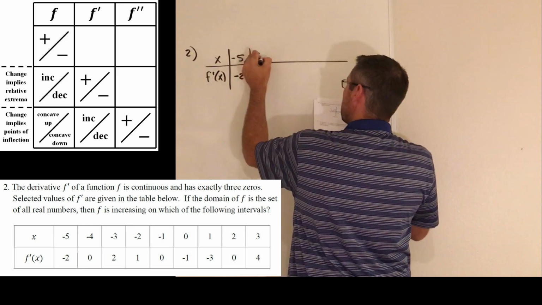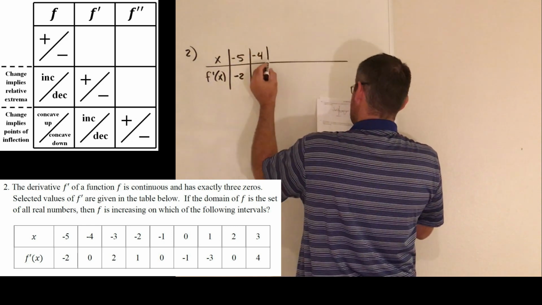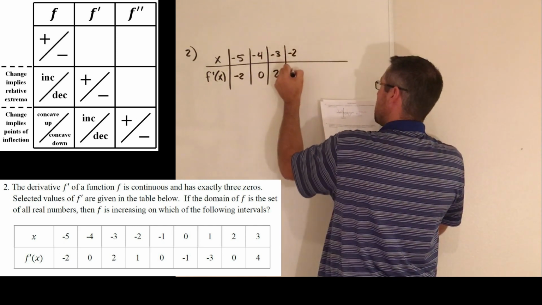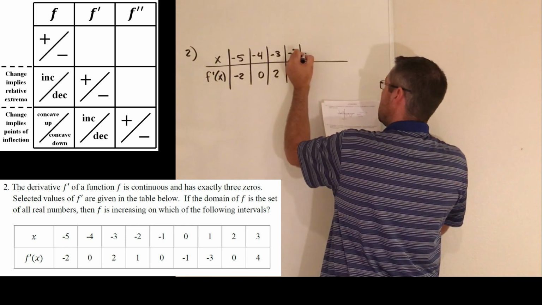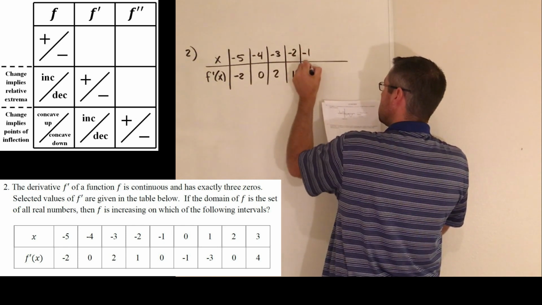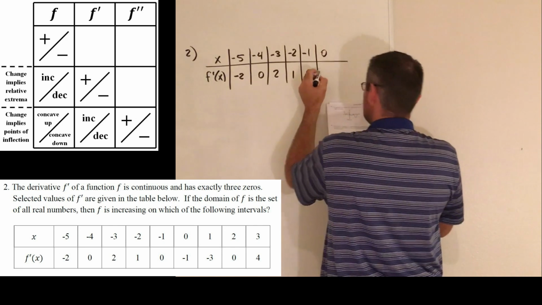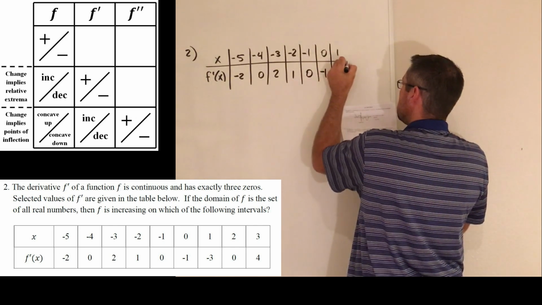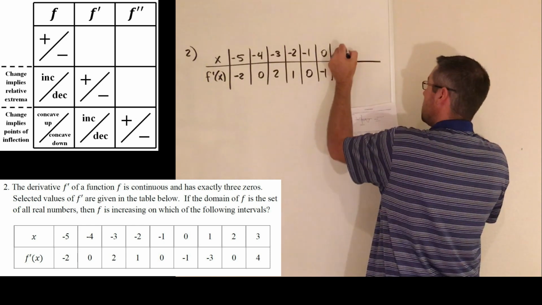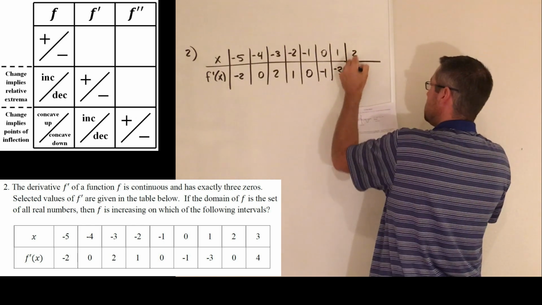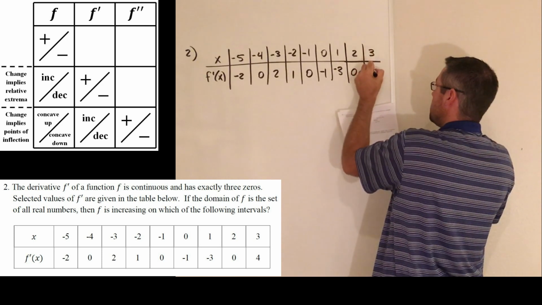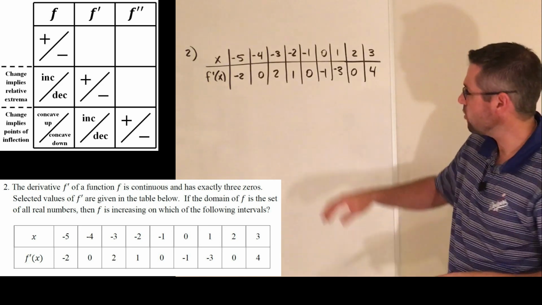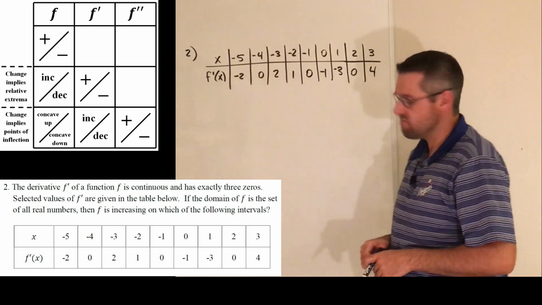When x is -4, f prime is 0. -3, comma 2. -2, comma 1. -1, comma 0. 0, comma -1. 1, comma -3. Running out of room here. 2, comma 0. And 3, comma 4.